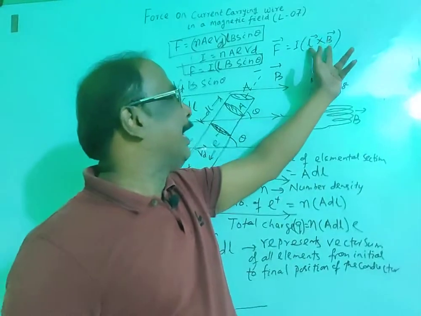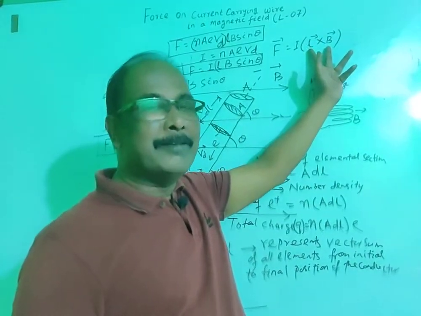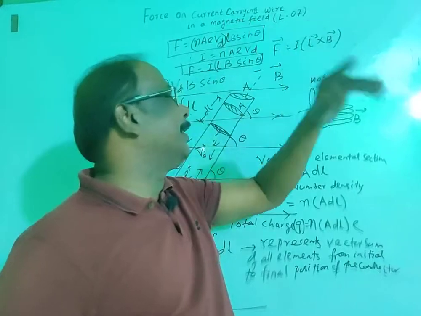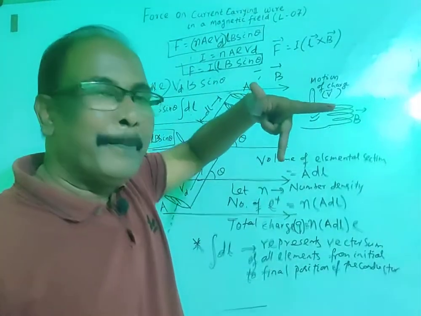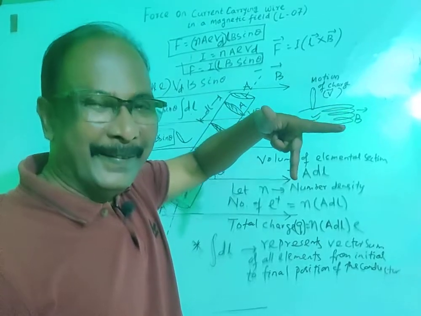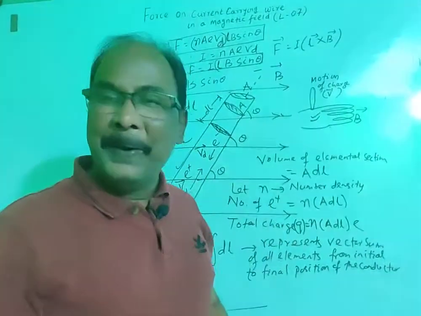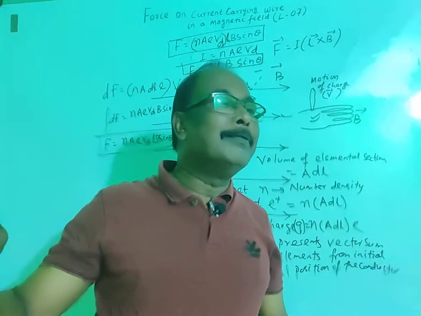You may use directly this relation, the direction of L cross B is equal to the direction of force, or right hand palm rule, or left hand rule. Okay, is it clear? Is it clear to you all? Fine.